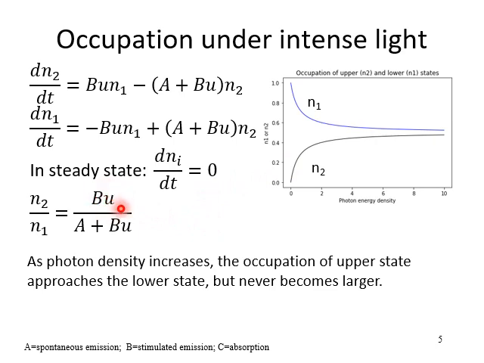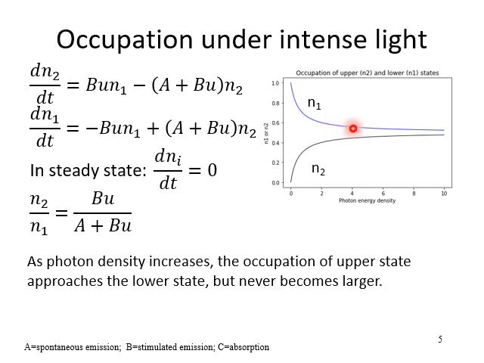and under that excitation of light, some fraction of the light has a frequency just right to make the excitation from state 1 to state 2. Under those conditions, when the photon flux is very low, almost all of the atoms are in the lower state, very few in the upper state. So I know this looks upside down, but these are the numbers in each of the two states. As we turn our photon flux up, then we begin to get more excitations out of the lower state into the upper state.